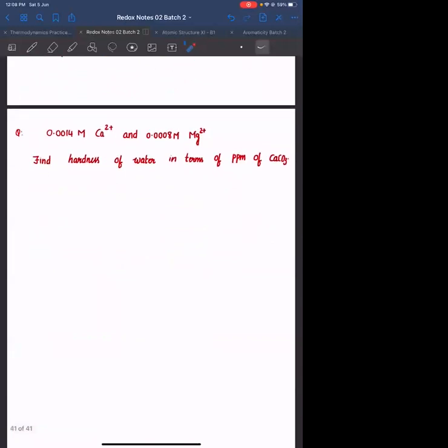This is the question that is given. In the solution, you are having Ca2+ as 0.0014 molar and Mg2+ as 0.0008 molar. You need to find hardness of water in terms of ppm, parts per million of CaCO3. Try to solve this. I will explain.